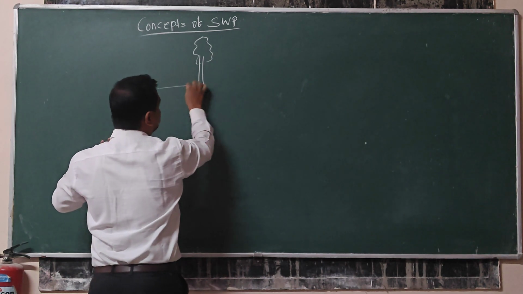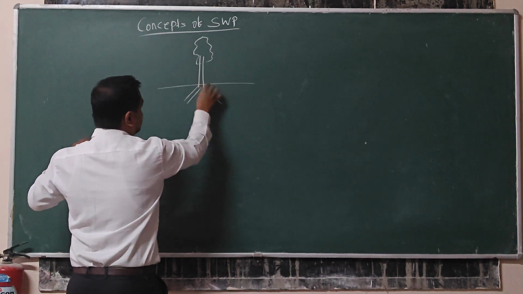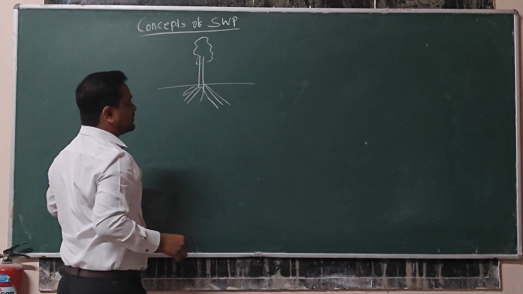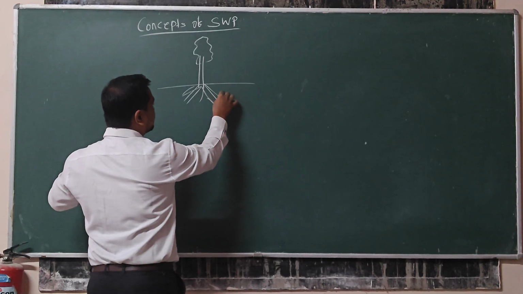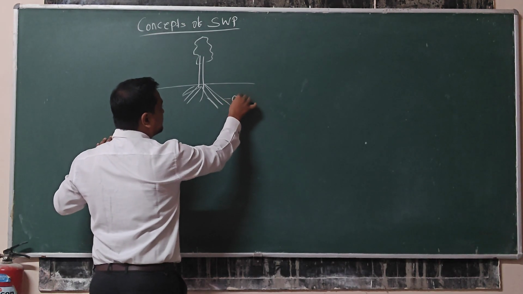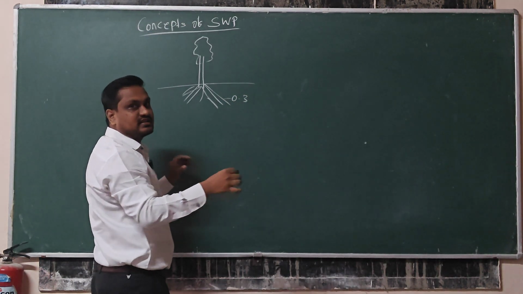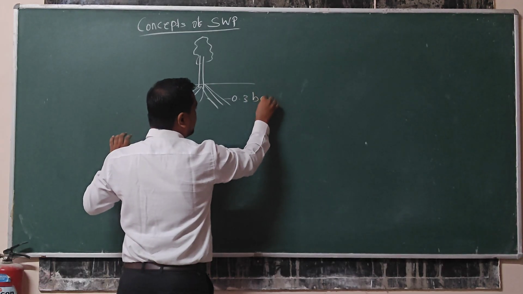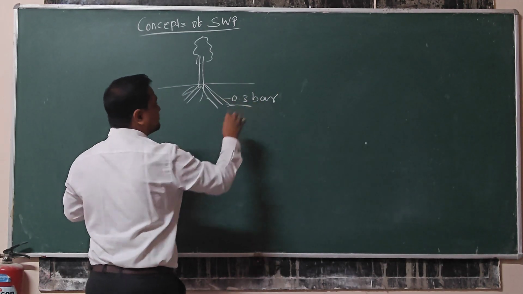This is a tree, this is the soil surface, this is the root structure. Say here the potential, or rather the energy of water, in terms of bar is -3 bar.